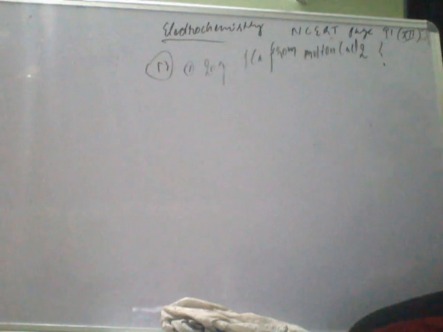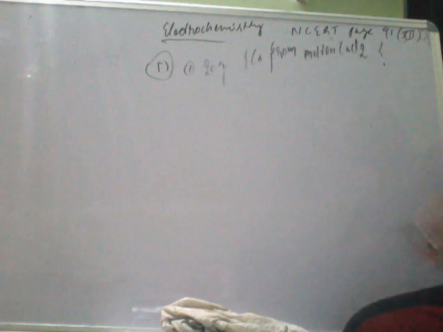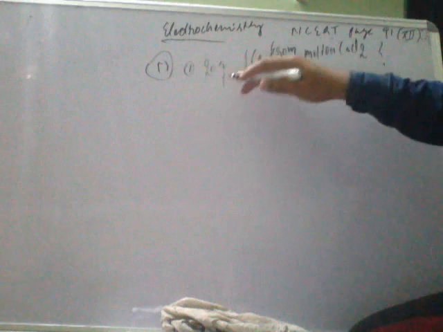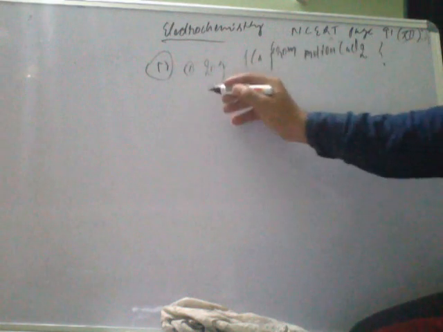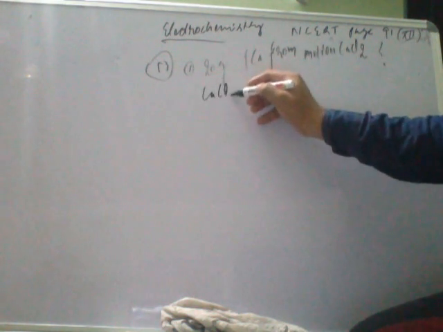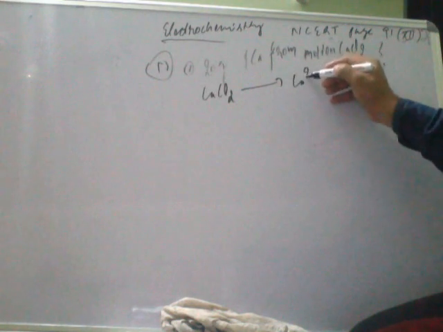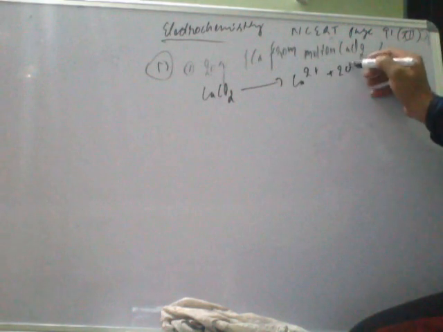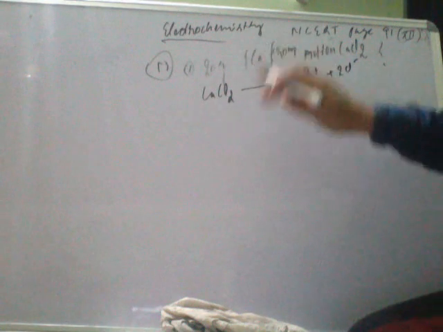Now come to the calculation. You have 20 gram of Ca from CaCl2. If you ionize CaCl2, you get Ca2+ and 2 Cl-.